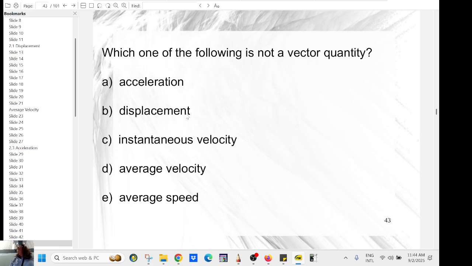Which one is not a vector? Average speed, right? Speed is a scalar, distance is a scalar, velocity is a vector, acceleration is a vector, force is a vector, momentum is a vector. Right?